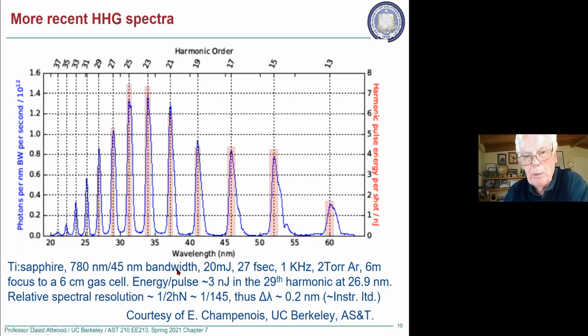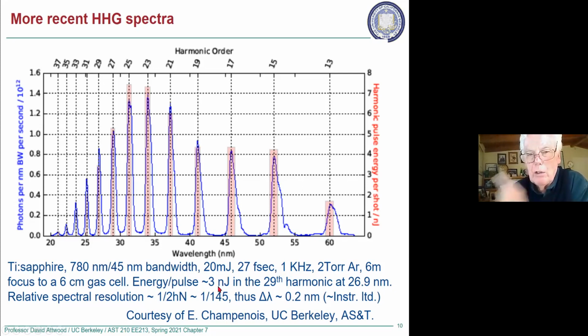And the energy per pulse coming out, shown here in the 29th harmonic, and this is the wavelength, so if you took this and divided by 29, this is the wavelength that you'd get. There's 3 nanojoules per pulse in that particular harmonic. There's a 31st and a 33rd, and they probably have similar energies.